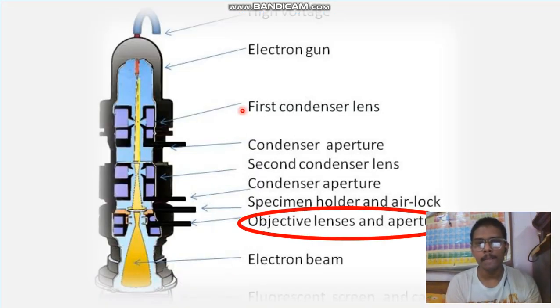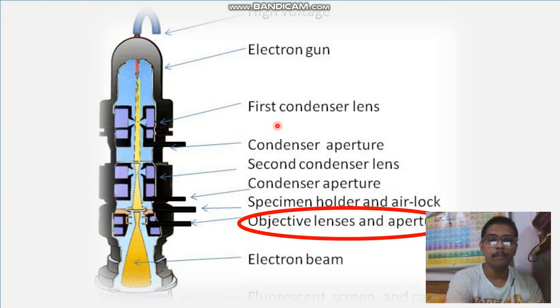Now here is the typical instrument where you can see the high voltage. High voltage is applied here, which helps the electron gun create electrons with very high speed and high energy. Then the high speed electron beam goes through the vacuum inside the microscope. This sky color denotes the vacuum inside the microscope.